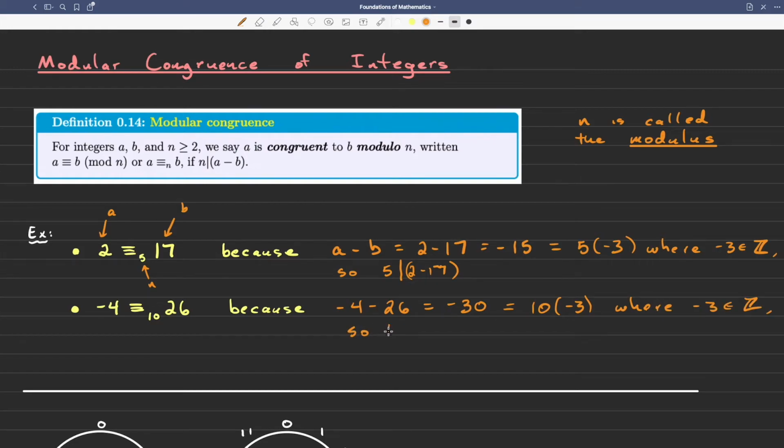So I can see that 10 divides negative 4 minus 26. Again, the reason this is true is because this is true. And by the way, in this definition, the number n is what you're dividing by in all these problems. It's called the modulus.